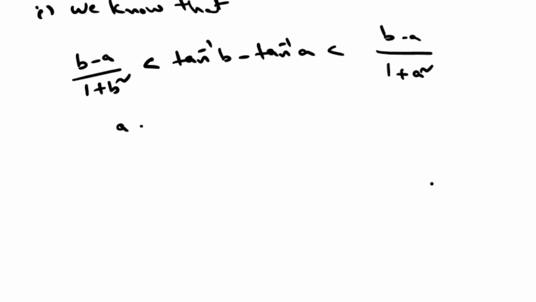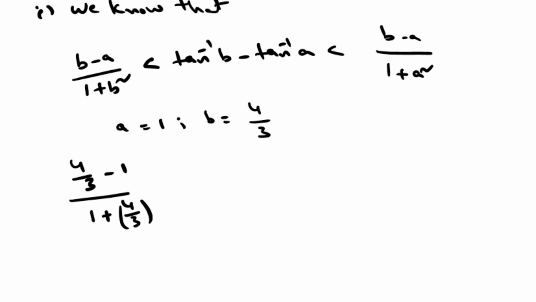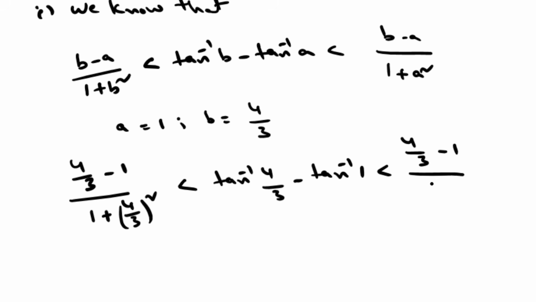we know that, from the above equation, a is equal to 1 and b equals 4 by 3. Its value is 4 by 3 minus 1 by 1 plus 4 by 3 whole square less than tan inverse of 4 by 3 minus tan inverse of 1 less than 4 by 3 minus 1 by 1 plus 1 square.